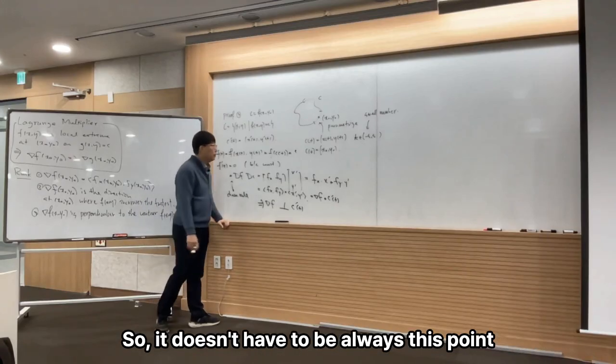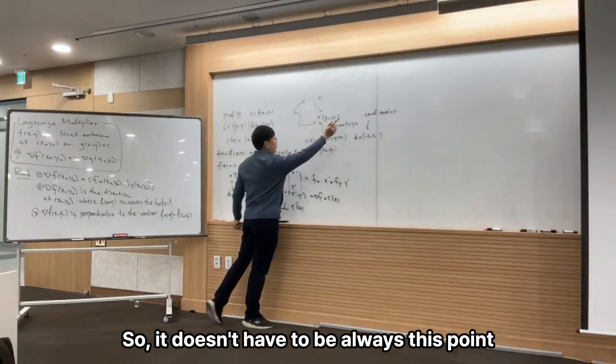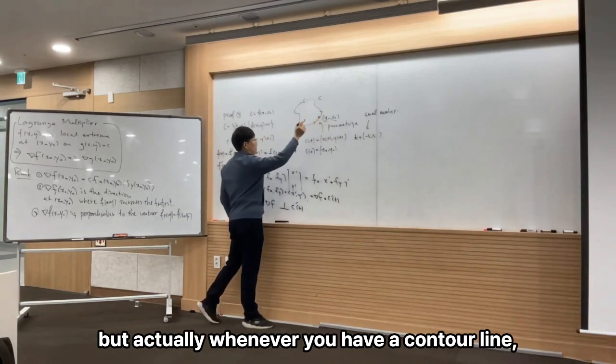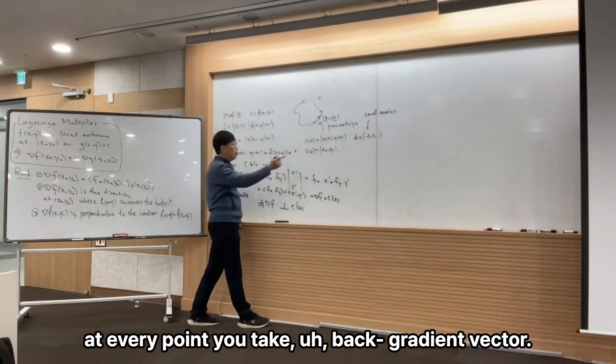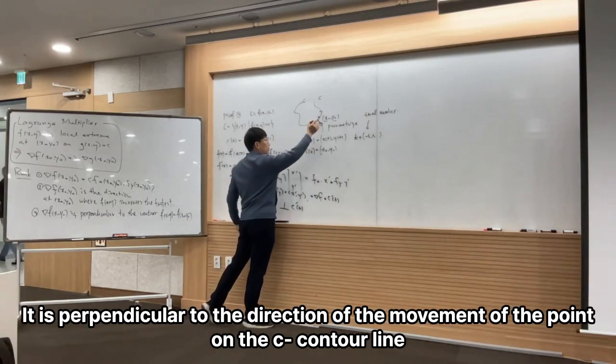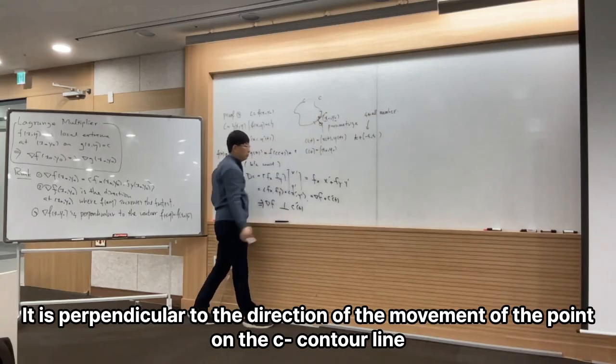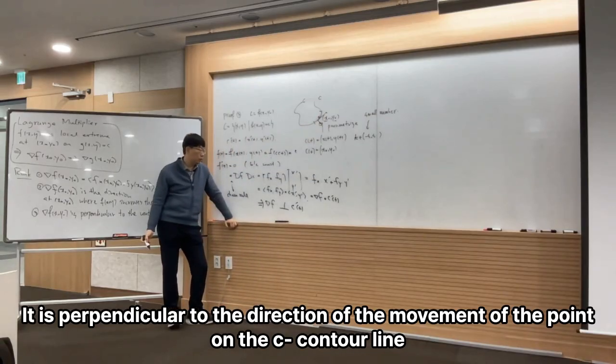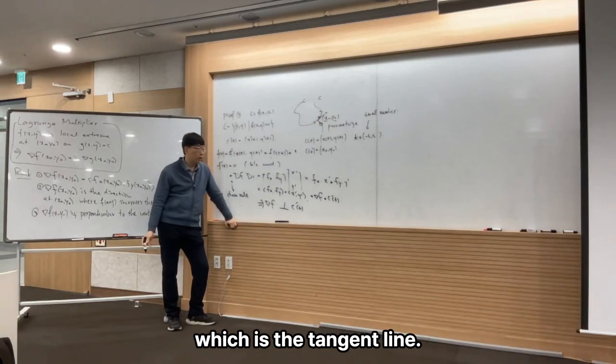Okay? So it doesn't have to be always this point, but actually whenever you have a contour line, at every point you take a gradient vector, it is perpendicular to the direction of the movement of the point on the contour line, which is the tangent line.